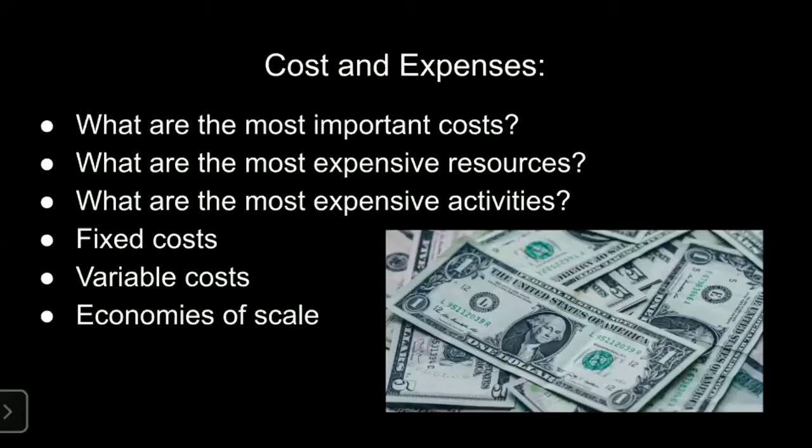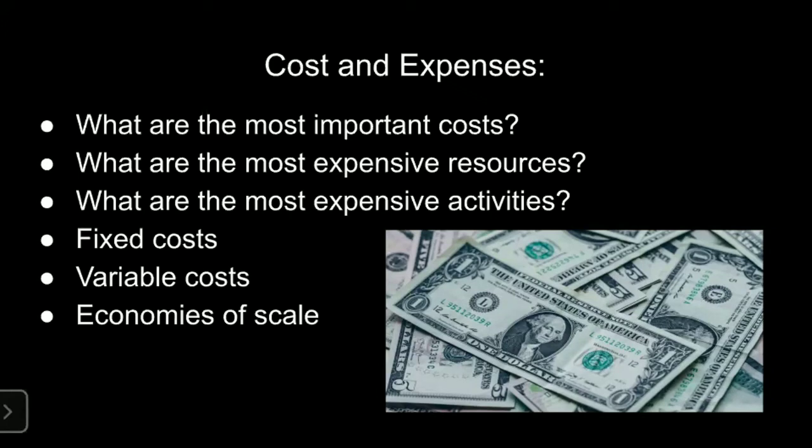So all of these lead up to your costs and expenses. If you know what your resources cost and if your partnerships cost, and you understand all of your costs, then you can start mapping out your costs and expenses. Once you understand what the costs and expenses are of your business, you can start to analyze for yourself, what are the most important costs for your business?